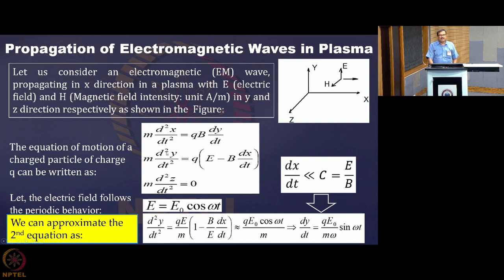That is why m dv/dt, that is m d2y/dt2, the y component of motion, gets this value.